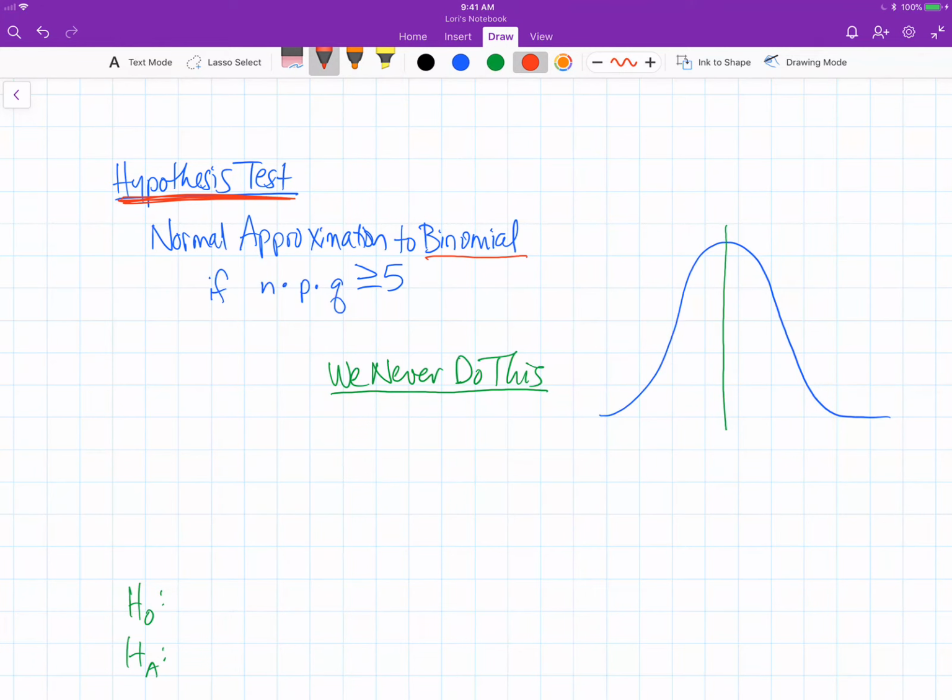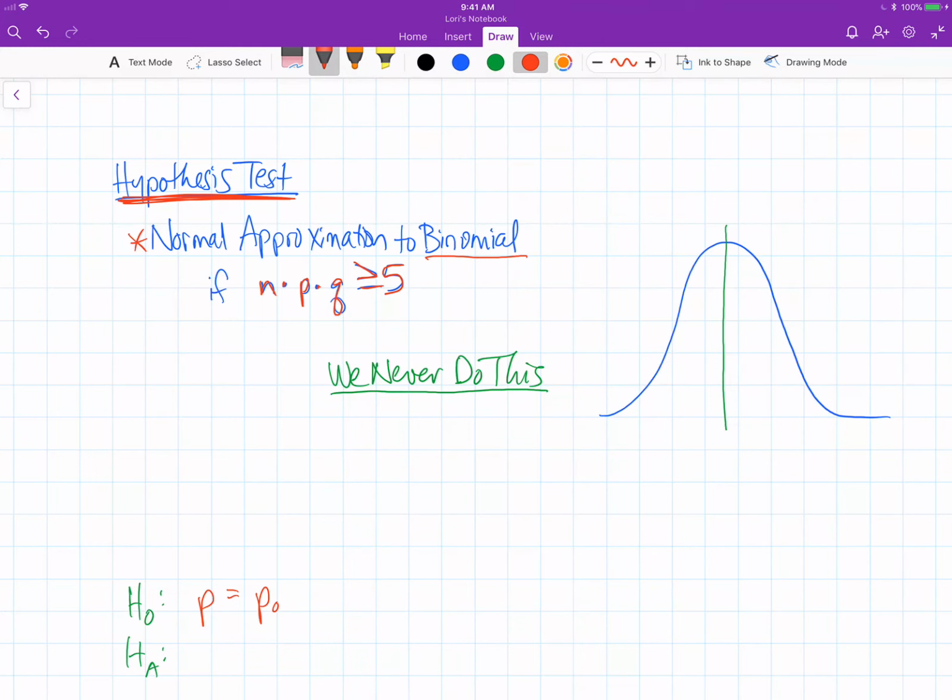Now, the criteria for whether we can use the normal approximation to the binomial is that our n times p times q must be at least equal to 5. And in this case, we're looking at a null hypothesis where we want to know if the population proportion is equal to some null value, and I'll call that P0.